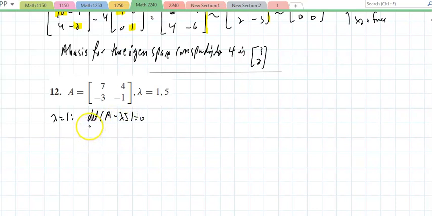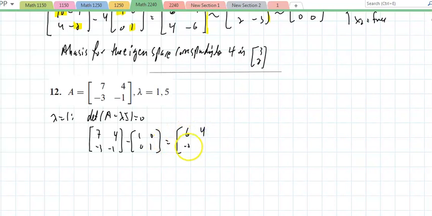If I really do this, A minus lambda I is going to be 7, 4, negative 3, negative 1, minus 1, 0, 0, 1. What would that be? That would be 6, 4, negative 3, negative 2. If I take twice row 2 plus row 1 in row 2, I will zero this out.